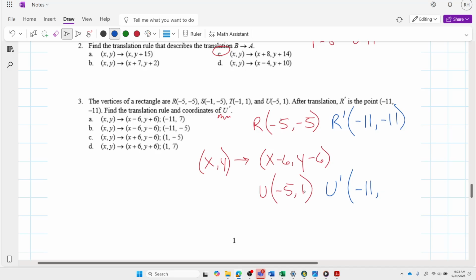And then we have 1 minus 6, so that would be negative 5. So here's your rule, and here's where U prime would be. So minus 6, and then negative 11, negative 5 would be answer choice B. Questions?